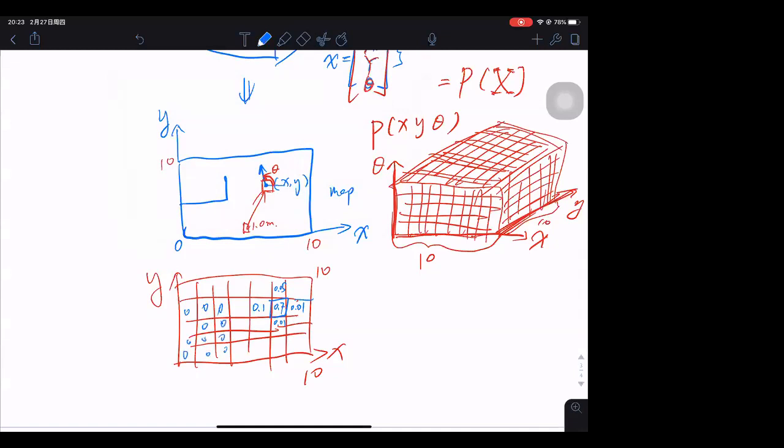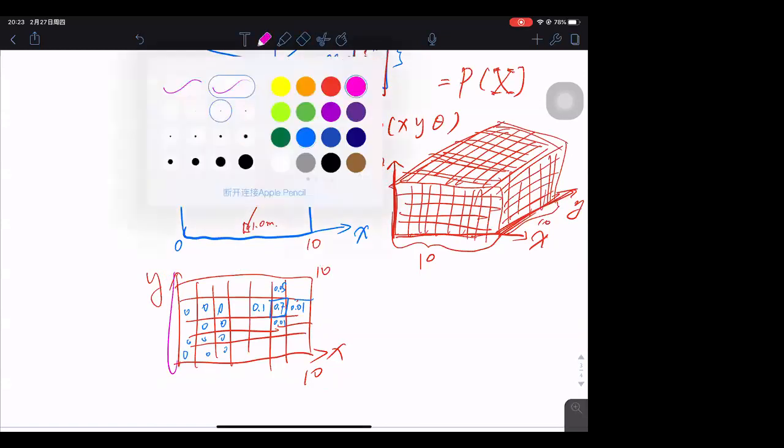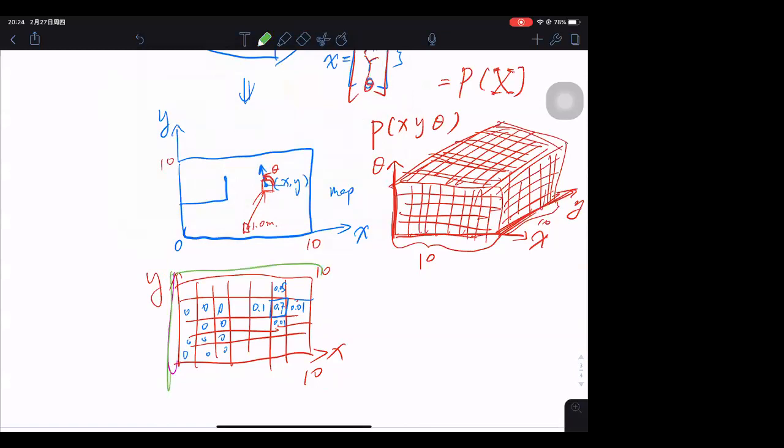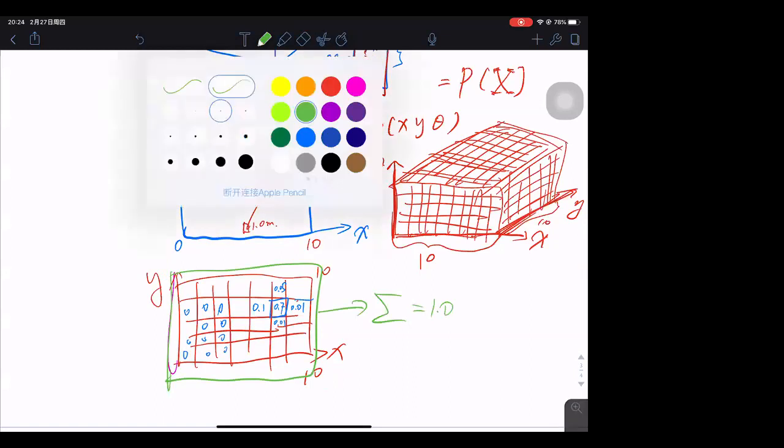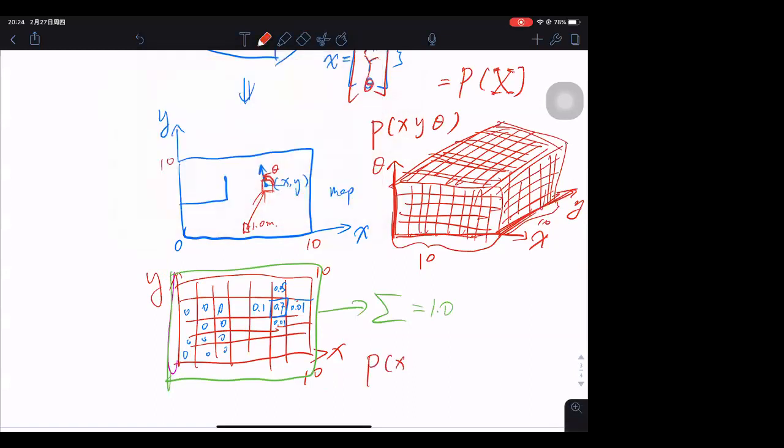So every cell gets a probability. The key feature is that if you compute the sum of all these blue numbers, you will have 1. In this case you get the joint distribution of x, y.